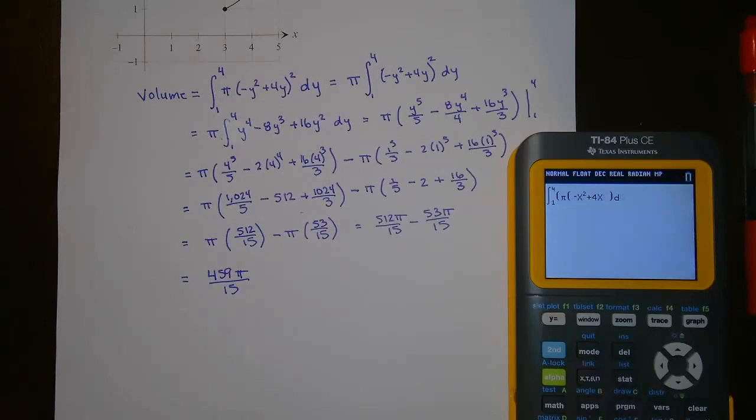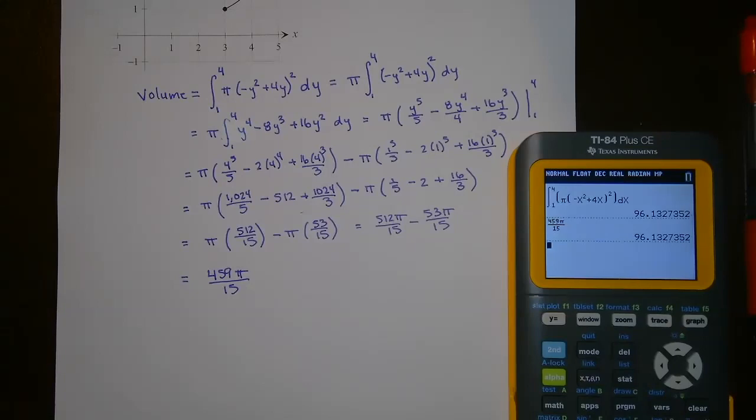We can't type y, we're going to type x, and then close the parenthesis, and then we need to square it, and then dx. Okay, and then put the fraction 459 pi over 15, and we get the same thing. Okay, so we know we're right.